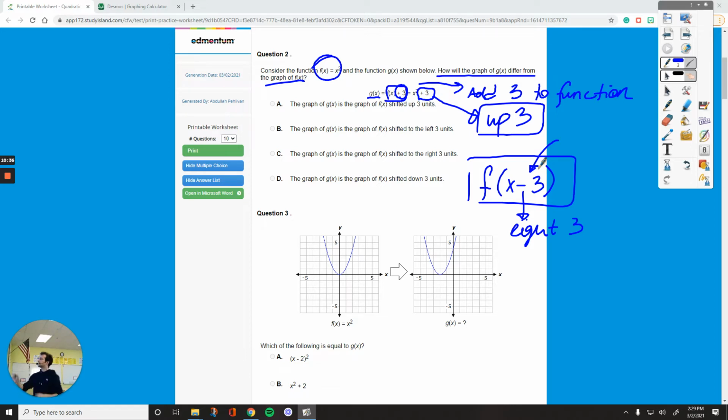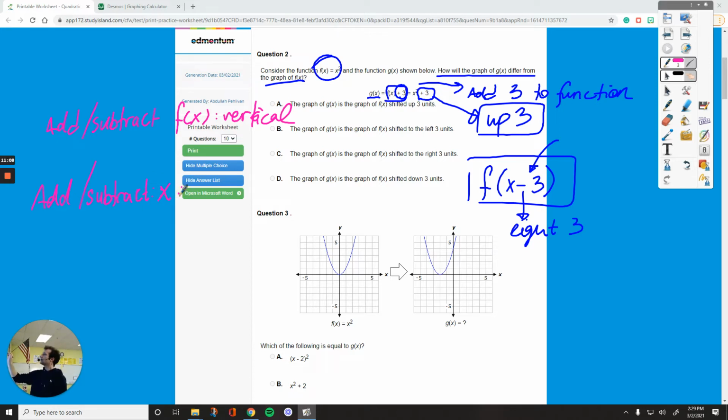You might want to write it down as: add, subtract to the function. This represents a vertical movement, up or down. If you're just affecting your variable, just the x, then you are talking about add, subtract to x or from x.